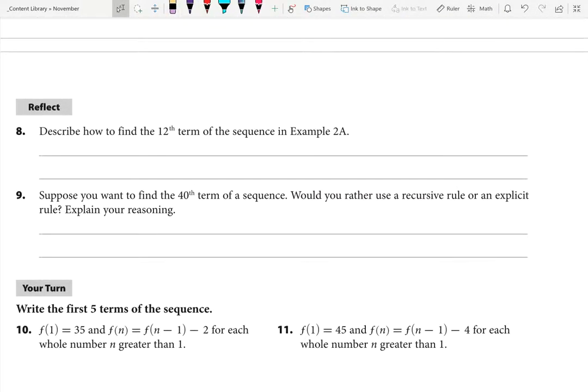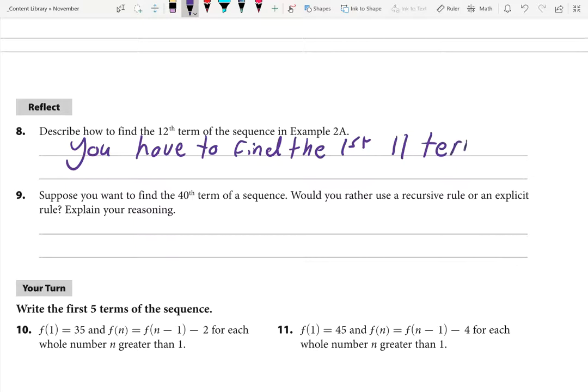All right, so number 8, describe how to find the 12th term of the sequence in 2a. Well, you have to find the first 11 terms first.